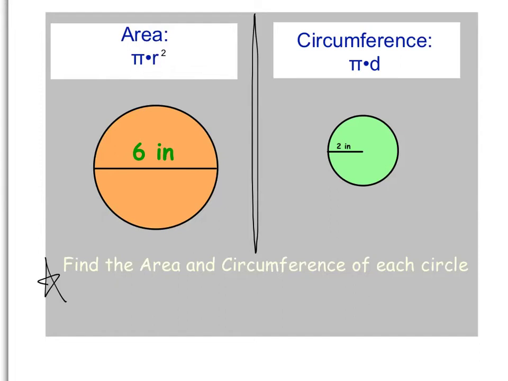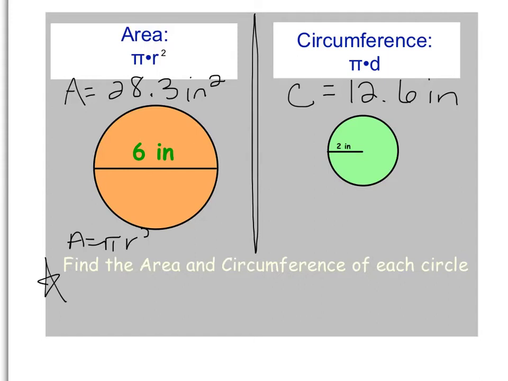You should have gotten the area for the orange circle. My area is 28.3 inches squared, and the circumference of the green circle is 12.6 inches. So I can use my formula. Area is pi times radius squared.